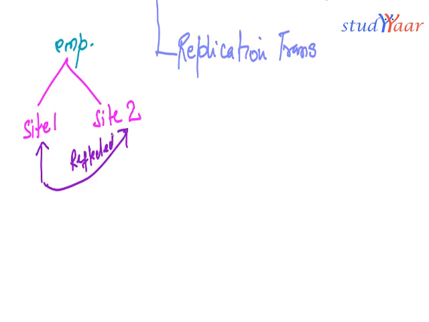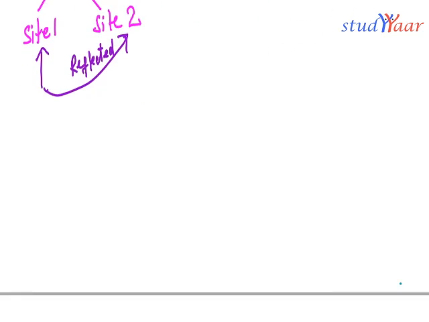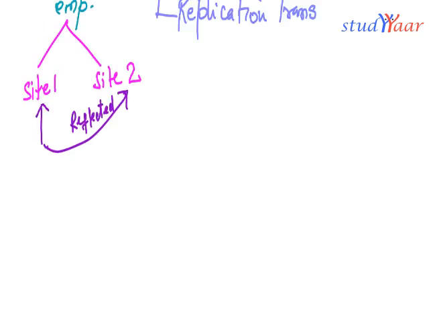This reflection is taken care of by the system. The user must not worry about it. He shouldn't even know that the employee table is replicated. So that is the concept of replication transparency.